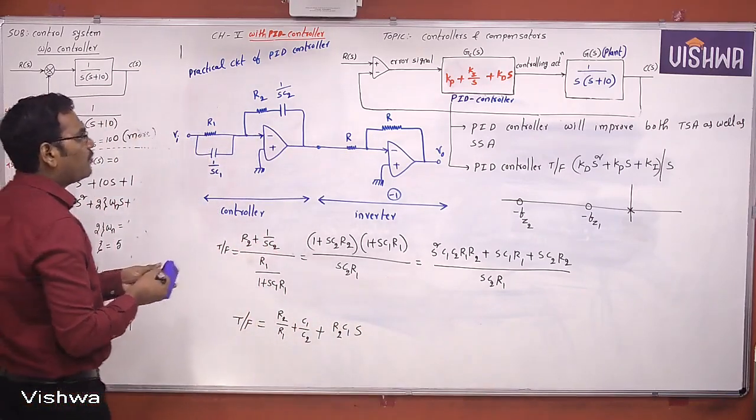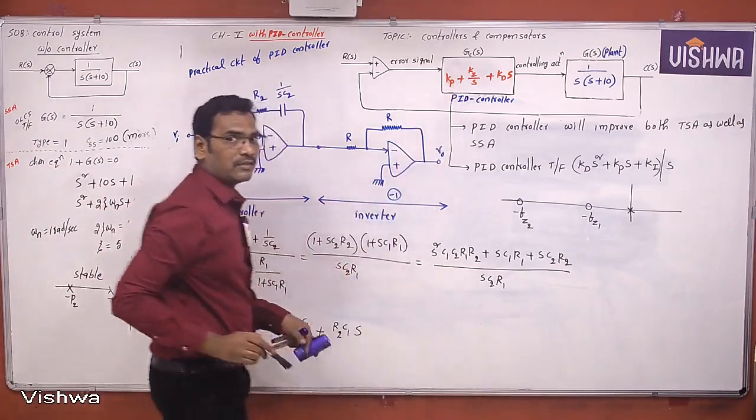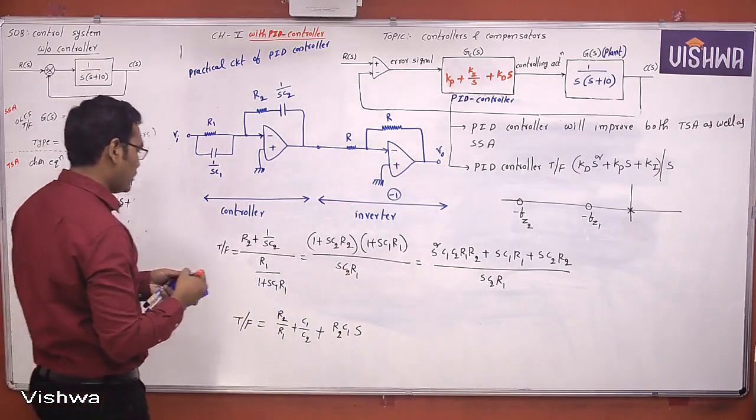So you compare with your original transfer function. This is the original PID transfer function. What is this original transfer function?